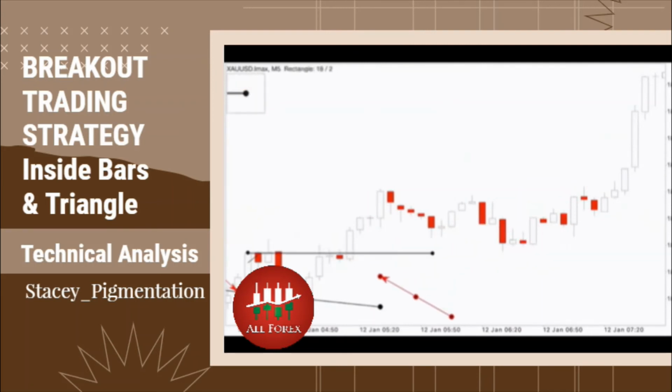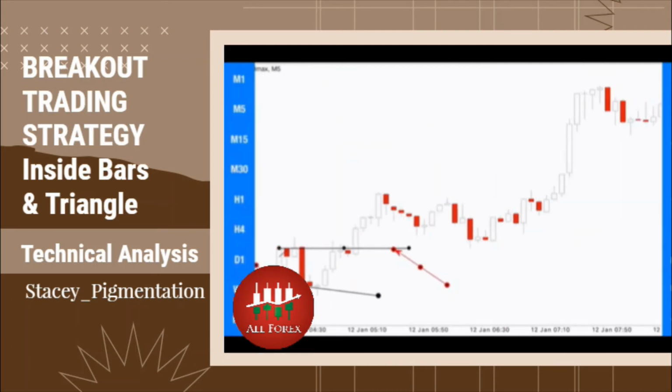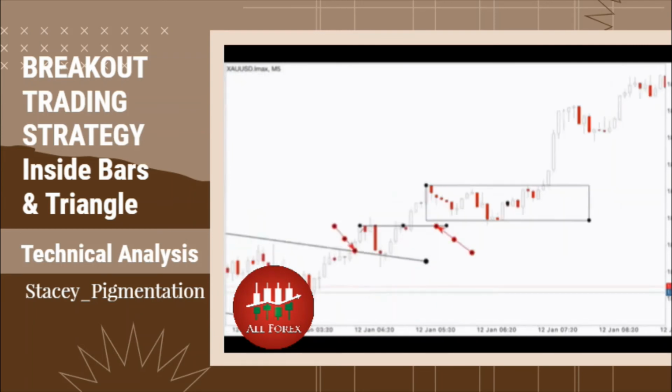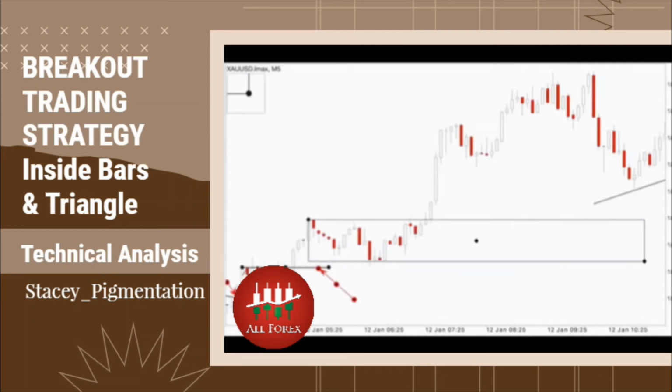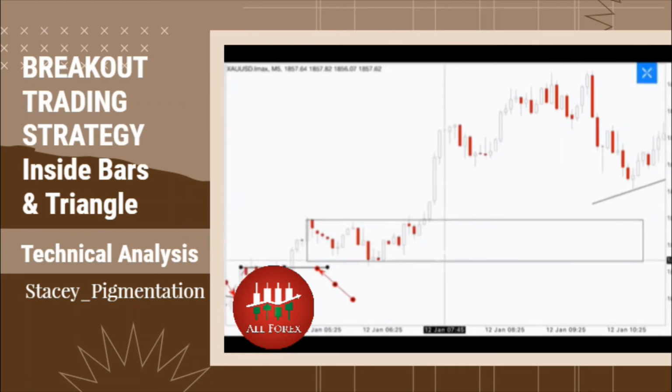I hardly extend this breakout line because I know I had a pending order right here until I spot another one. If it was to mix with method one, since the market is consolidating, I could do the same thing: extend it to the right, wait for the market to break my resistance or support level, and then buy or sell whichever direction the market breaks.